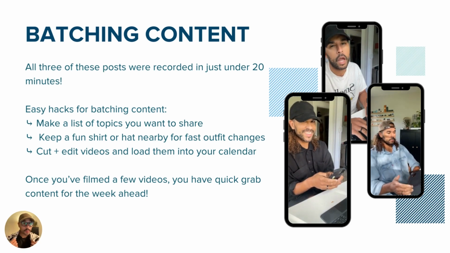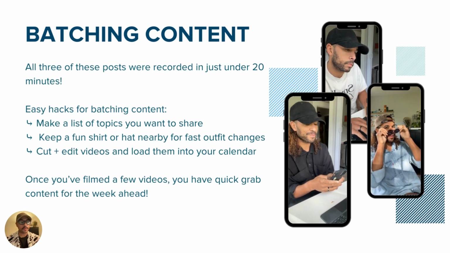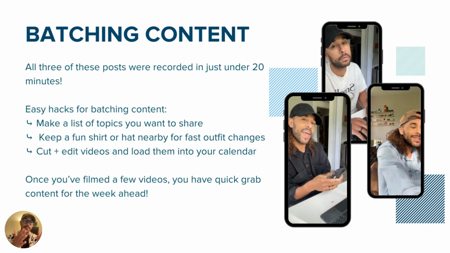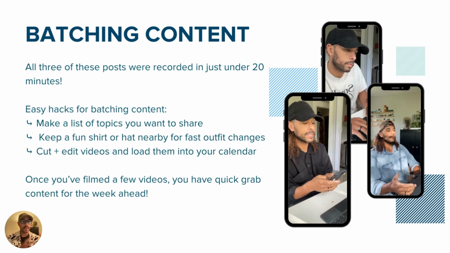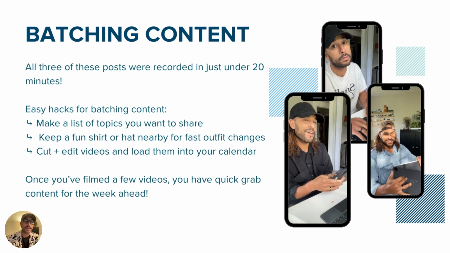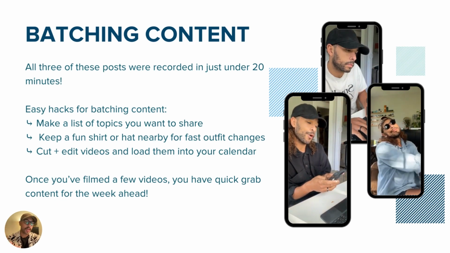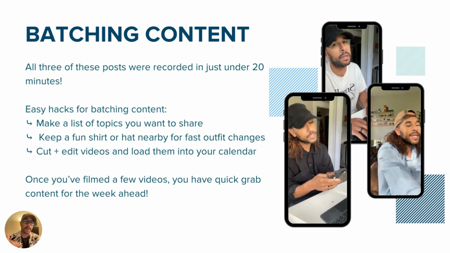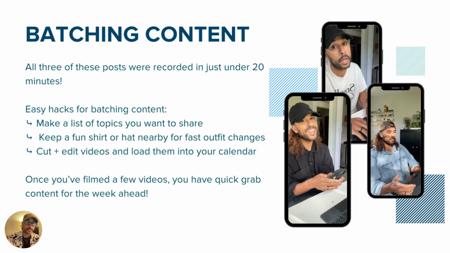Then I like to keep a fun shirt or a hat, different sunglasses and things nearby as an easy grab, so I can do a really fast outfit change and make sure it doesn't look like the same content repetitively, and I can make users more engaged on my actual grid. Then I'll spend the remainder of 20 minutes or an hour cutting and editing my videos and loading them into Plann, so I know they're auto posting for me after I've spent this short amount of time each week.